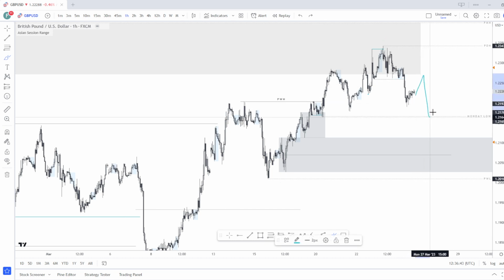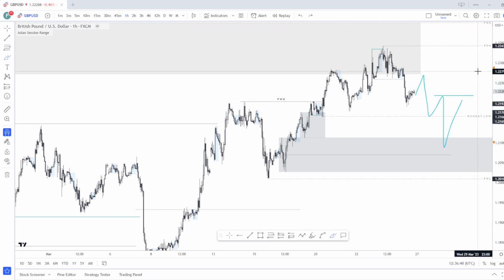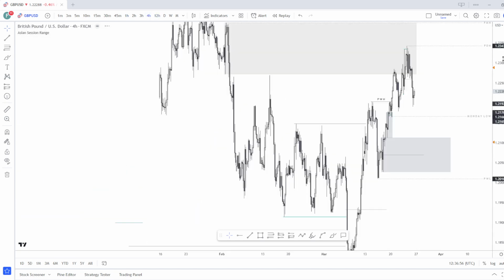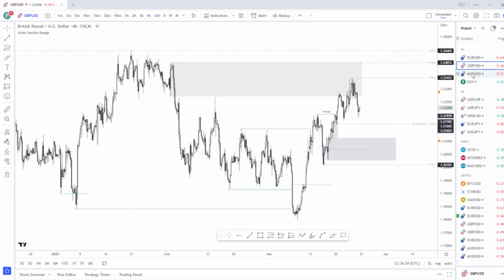Or we wait for H1 to flip, or we get a nice M15 move to the upside. Very easy on GU, what I'm looking for.